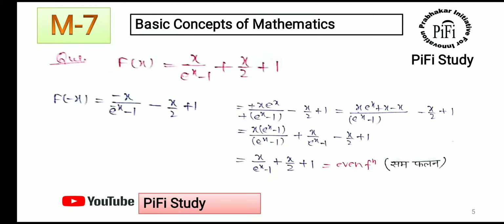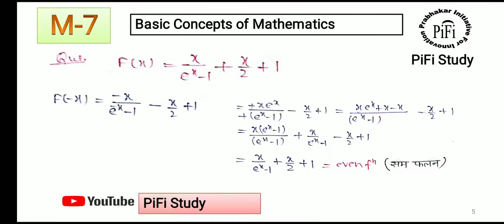You can write it like this: x e to the power x divided by e to the power x minus 1 minus x by 2 plus 1, which means you can write e to the power minus x as 1 upon e to the power x, and then do some mathematical arrangement.